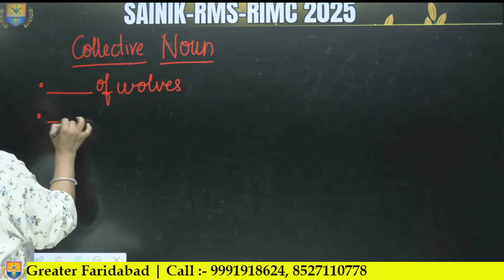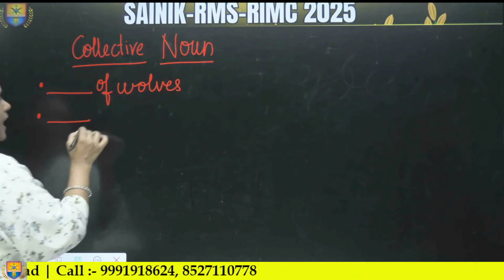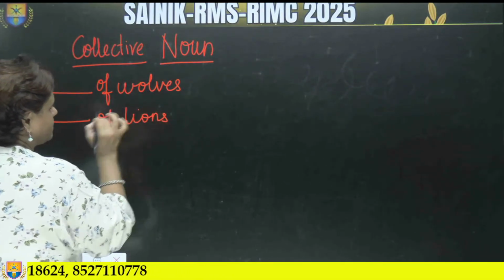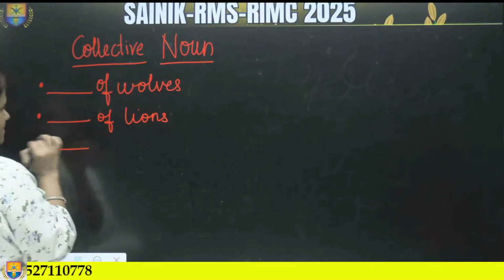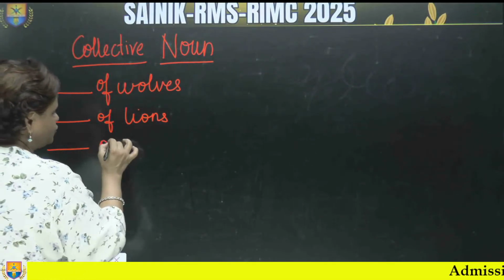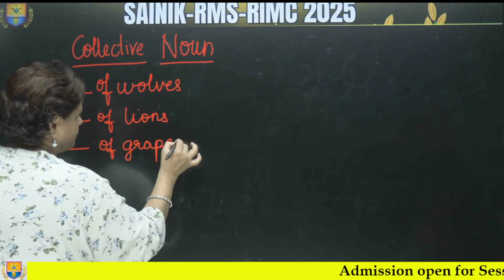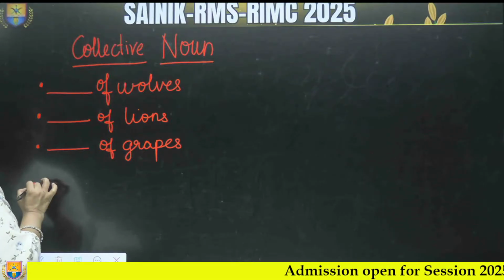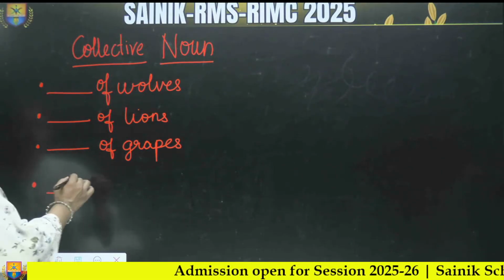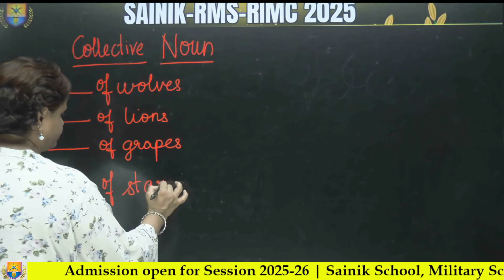Let us write the sentences first and then we will discuss the answers. Dash of lions. Dash of grapes. Dash of stars.